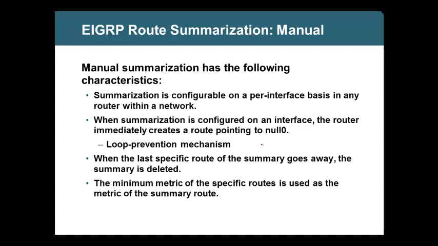It cannot be advertised because it's no more available. The minimum metric of a specific route is used as the metric of the summary route. What does that mean? Listen, let me explain with the diagram.